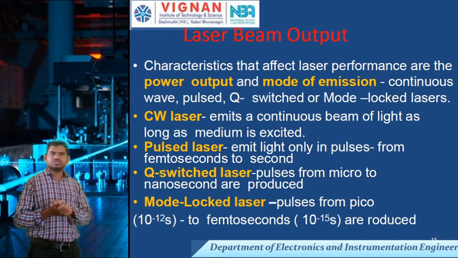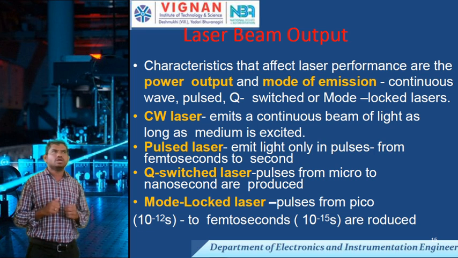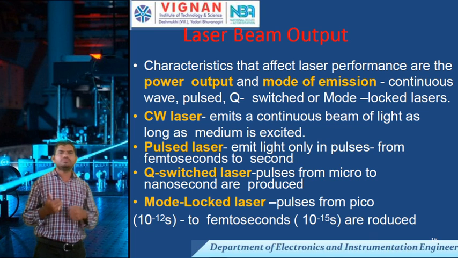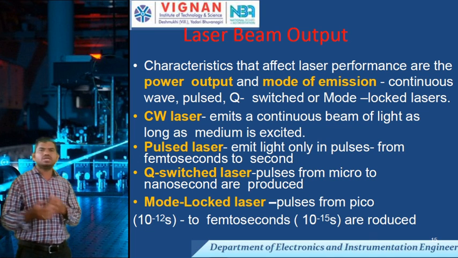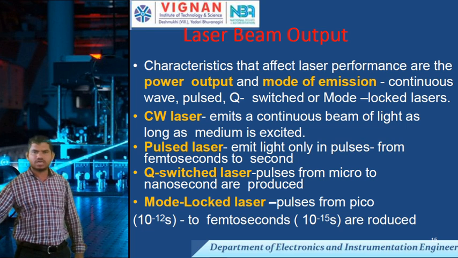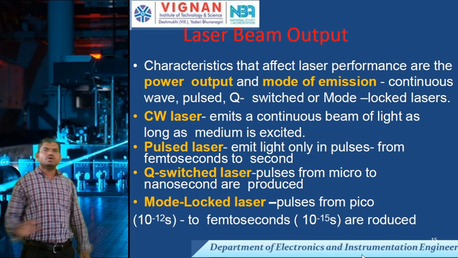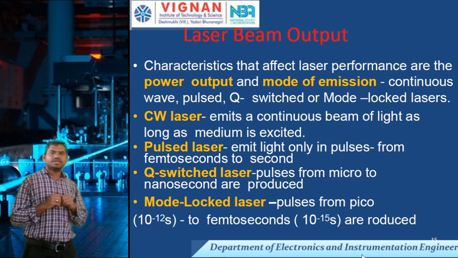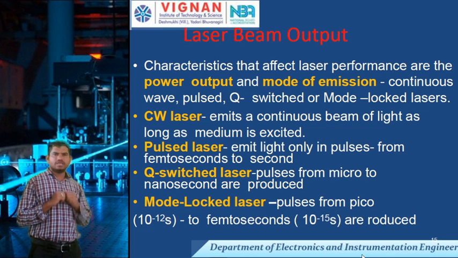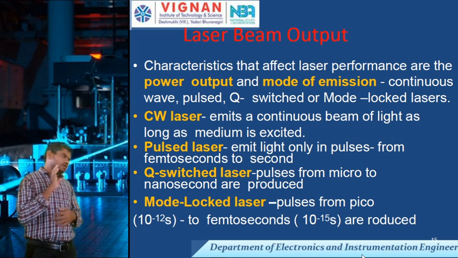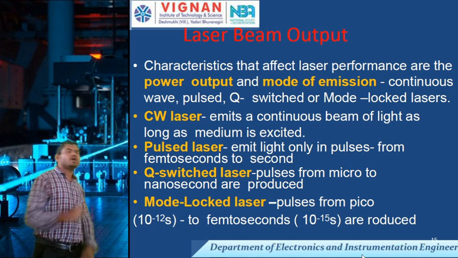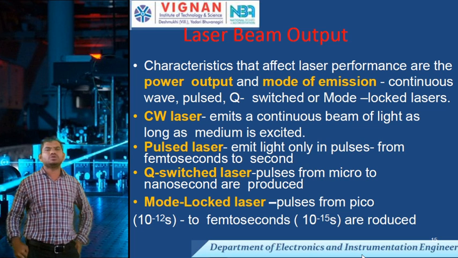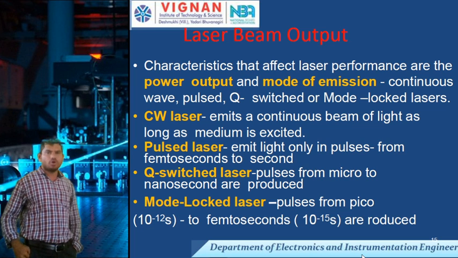Next, in this class, I am going to discuss laser beam outputs. Here we see how we are getting a laser output. There are four forms of laser beam outputs.